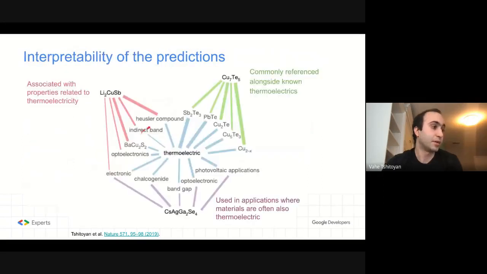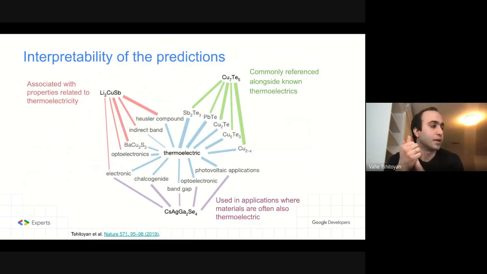And once you make predictions, it's also good to think about interpretability, because if you just give a scientist a formula and say this is supposed to be good because my black box model says this is good, it's probably not going to be very interesting, and people are going to want to know why this happened.